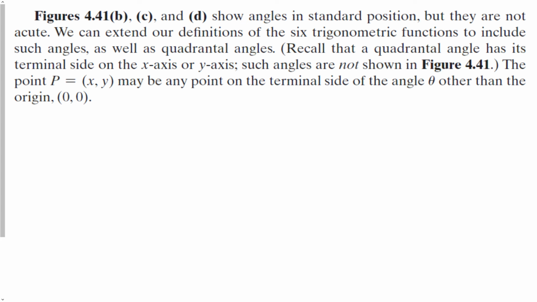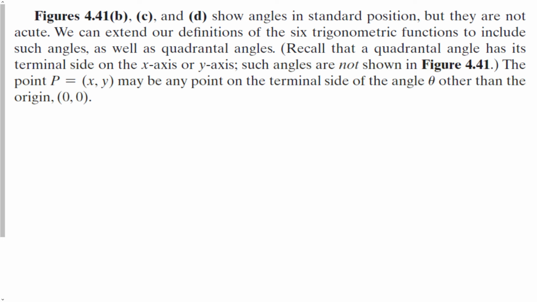So we can extend the definitions that we had for the 6 trigonometric functions to include these angles as well as quadrantal angles. Remember, quadrantal angles are angles that stop on a quadrant line. So that's 90 degrees, 180, 270, and 360, or pi over 2, pi, 3 pi over 2, and 2 pi.